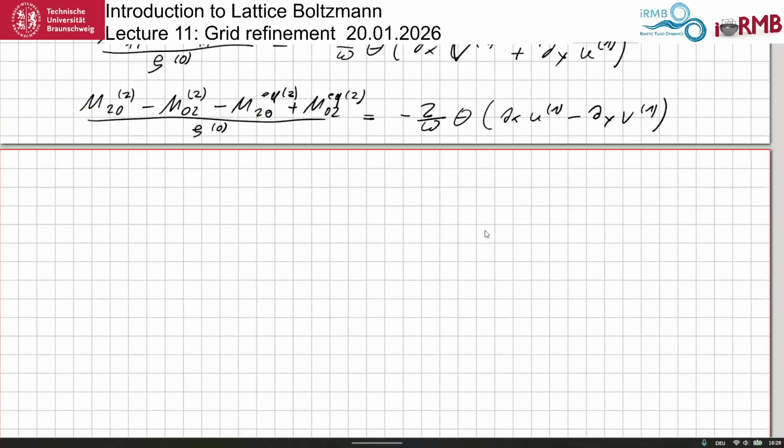New page. So we want to have second order interpolation. So my suggestion is we write down some functions as an intermediate and say we want to have the velocity u at position x and y.